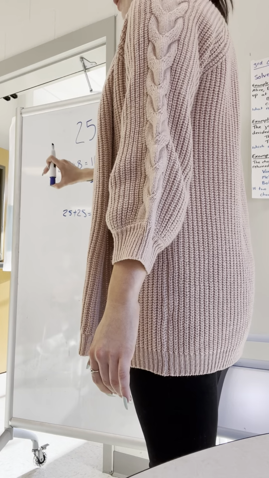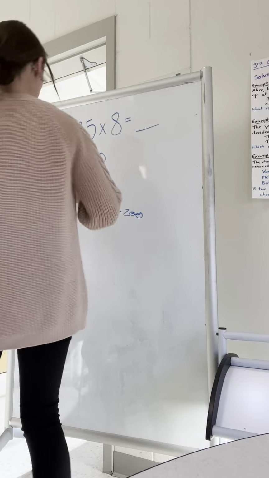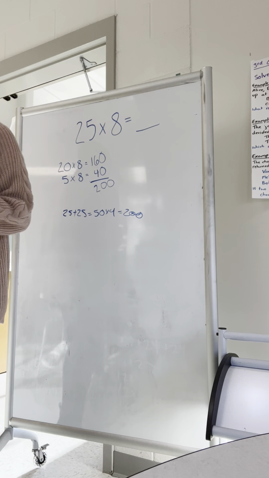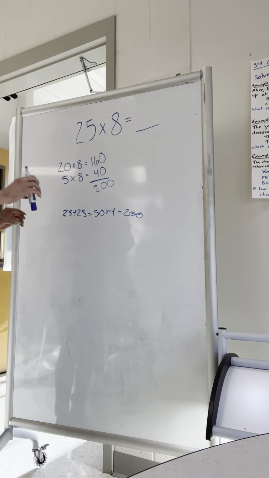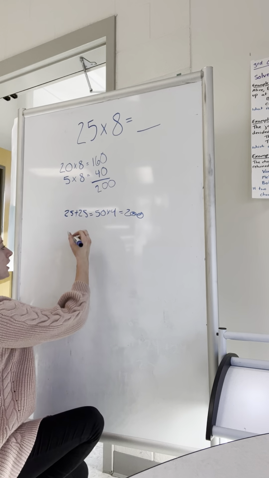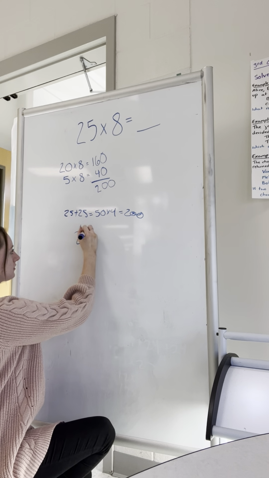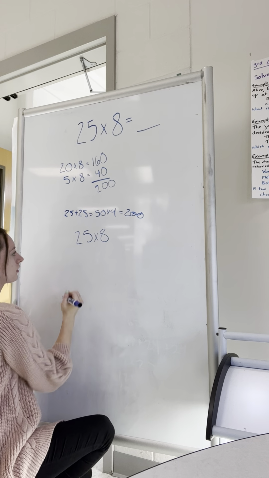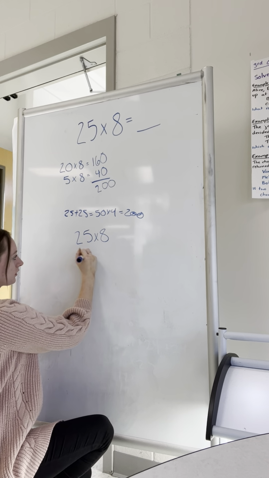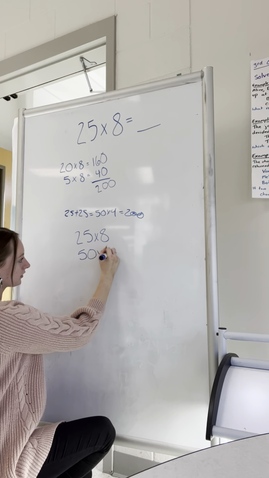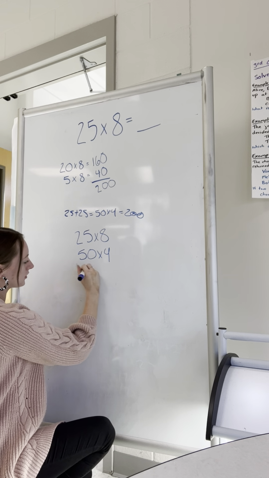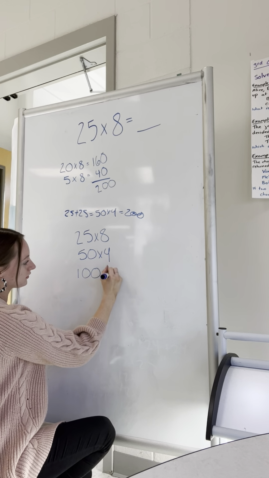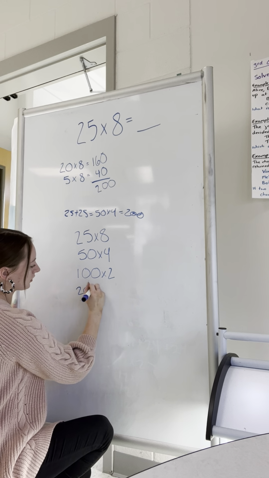So there's one way that I want to show you guys so that we can start thinking about this way. But what if we did 25 times 8, 50 times 4, 100 times 2, and 200.